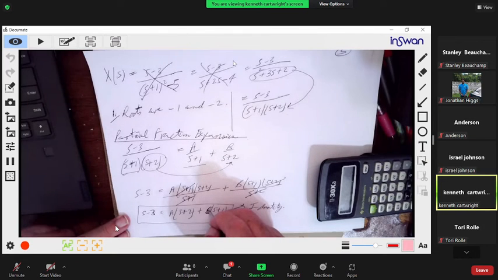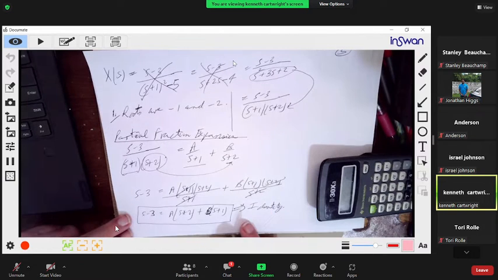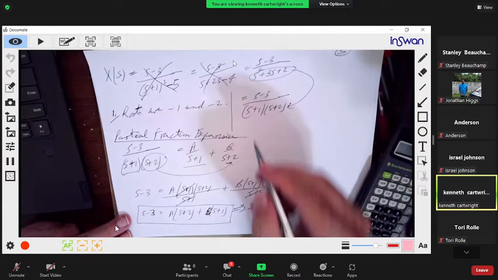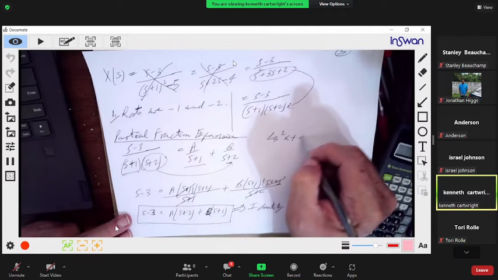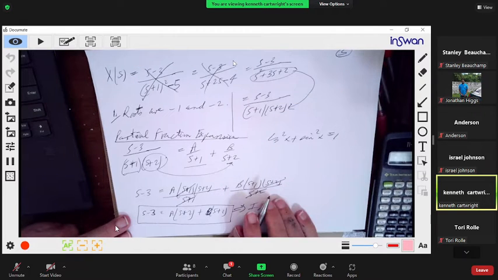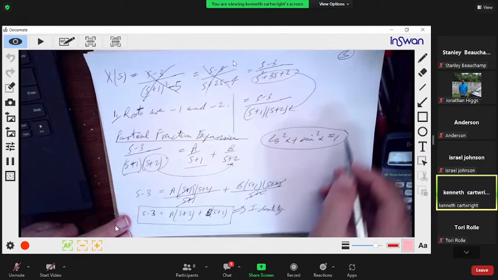You could get identities involving cosine, but that's got nothing to do with this. Like cosine squared x plus sine squared x equals 1. That's an identity. But what makes this an identity and not an equation?